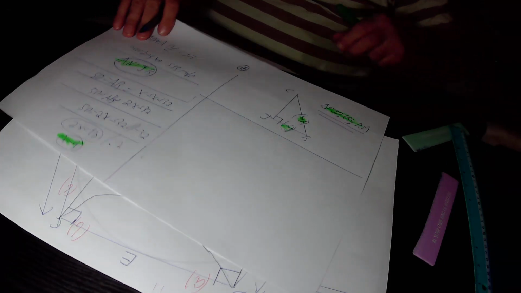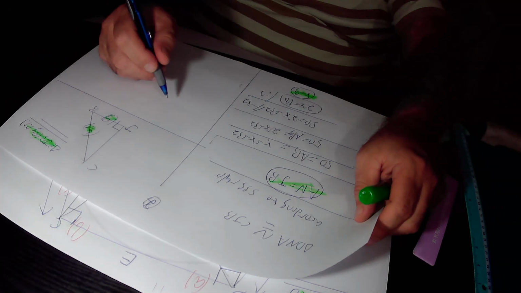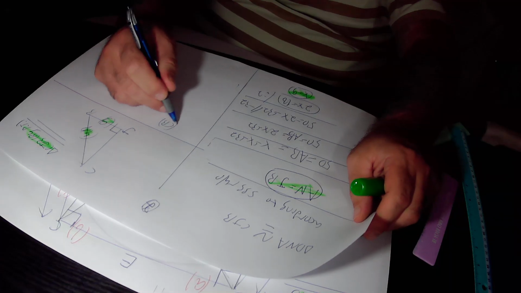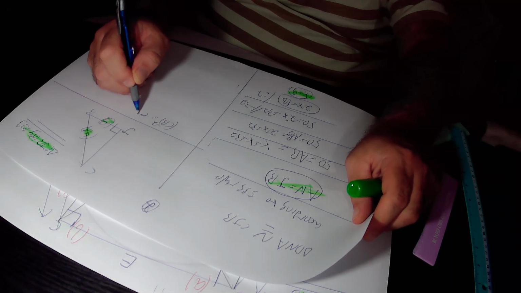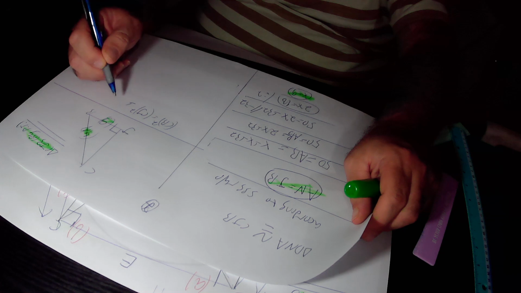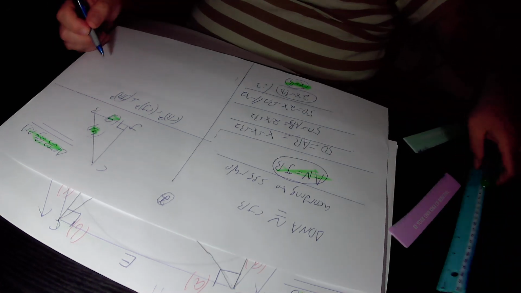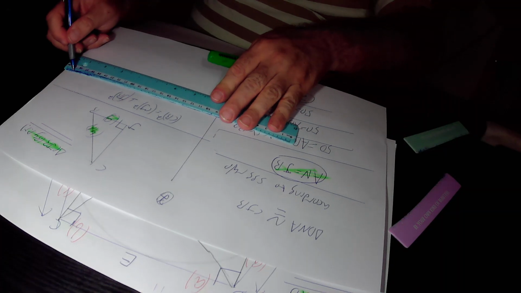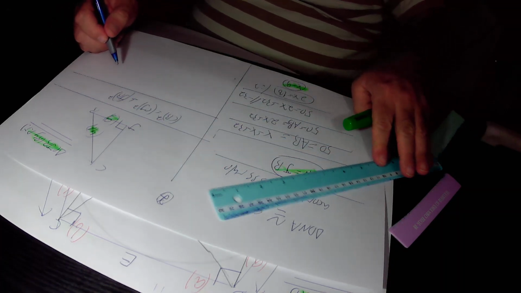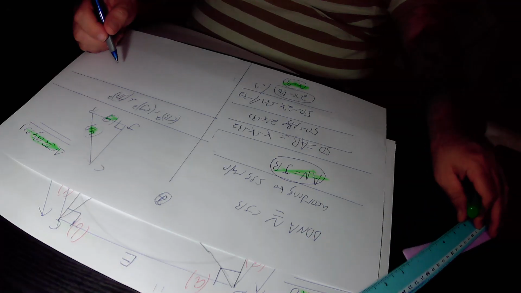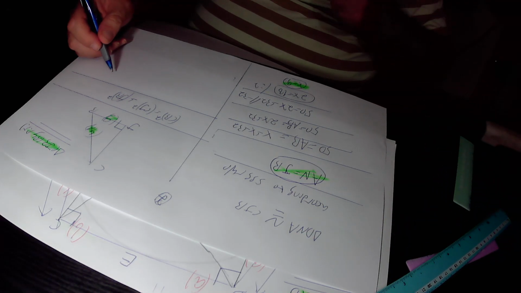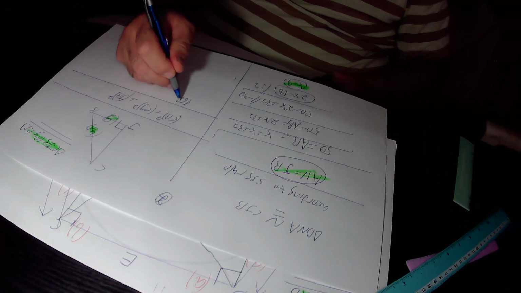CB squared, that is the square of the hypotenuse, equals CJ squared plus JB squared. CB is 41, therefore CB squared is 41 squared, that is 1681.